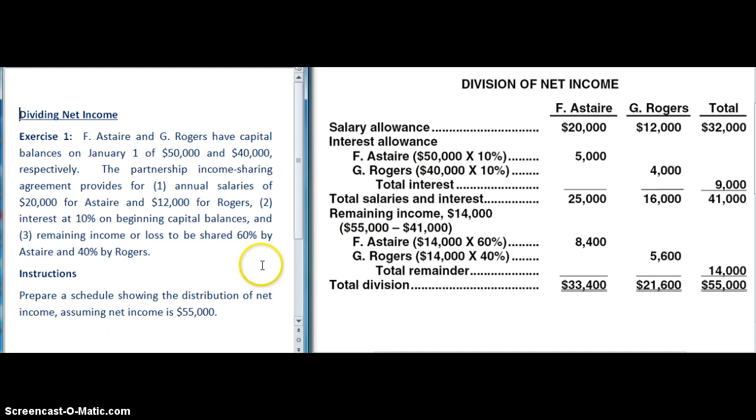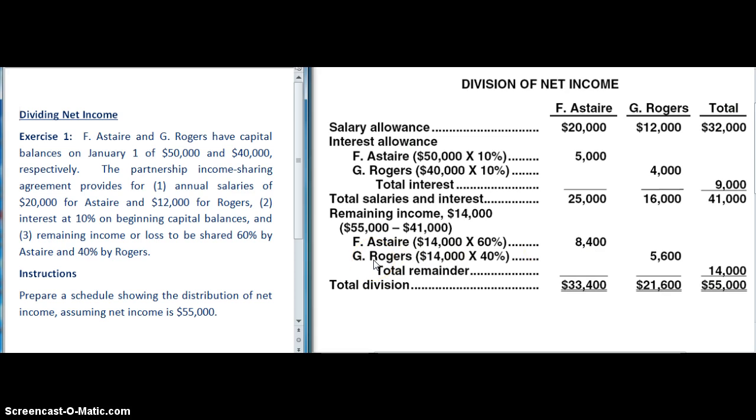This 14,000 is to be shared 60% by Astaire. So for Astaire, from $14,000, you multiply it by 60%, which is 0.6. 14,000 into 0.6 gives us 8,400.